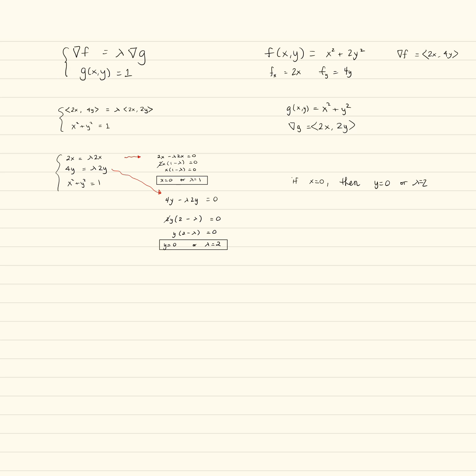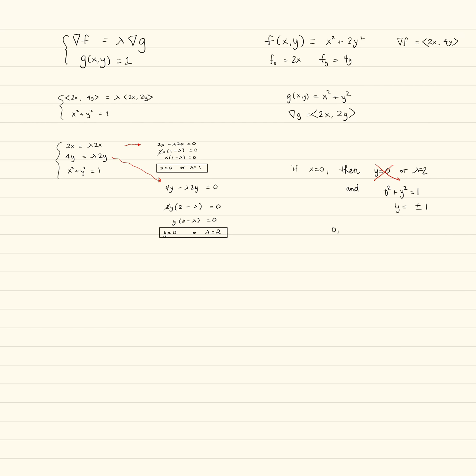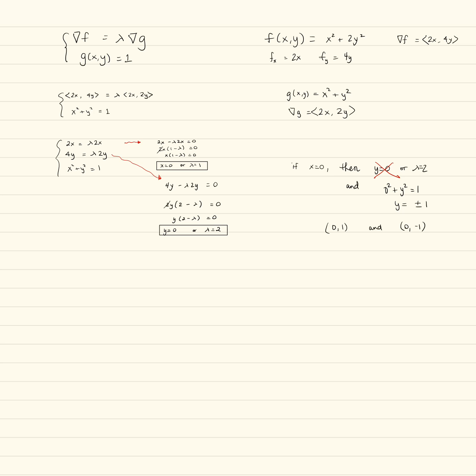And let's look at the constraint: 0 squared plus y squared equals 1. Oh, wait. So that means that we cannot have y equals 0, right? So it turns out if x is equal to 0, then lambda is equal to 2 and y equals plus or minus 1. So our points of interest are 0, 1 and 0, negative 1. So these are the two candidates from this first equation.